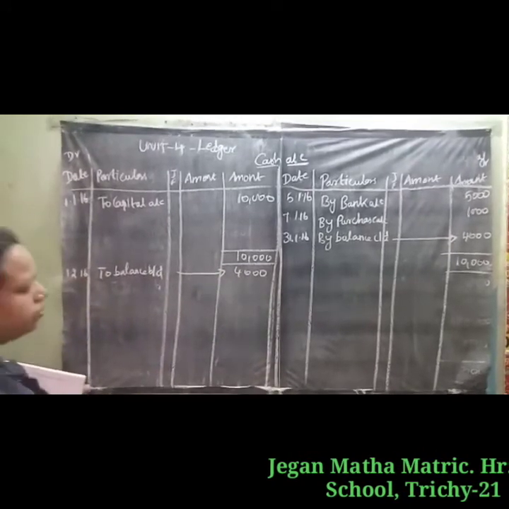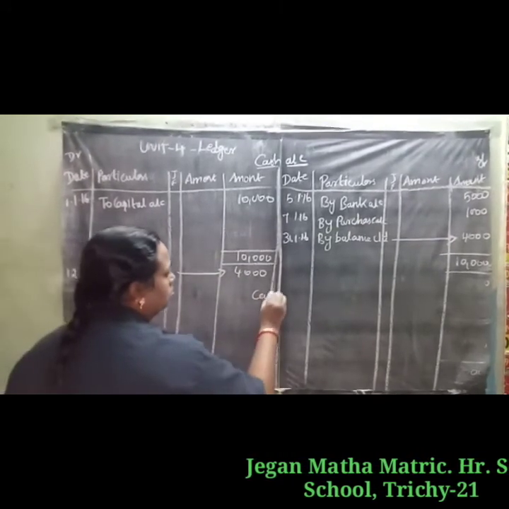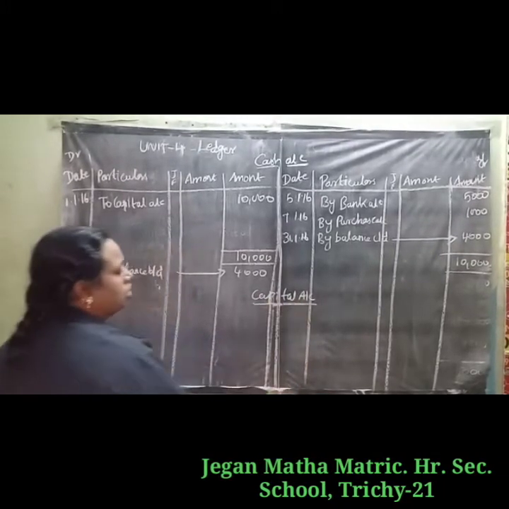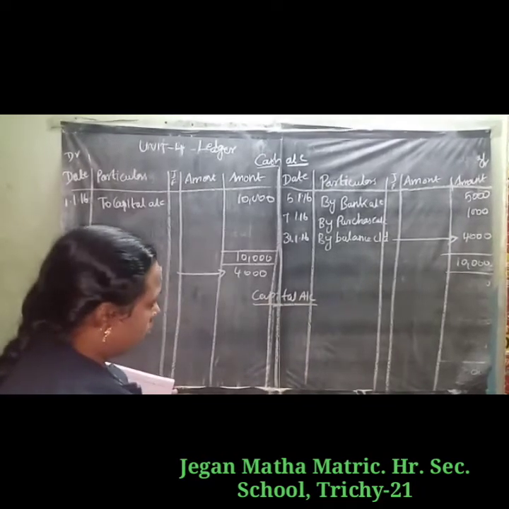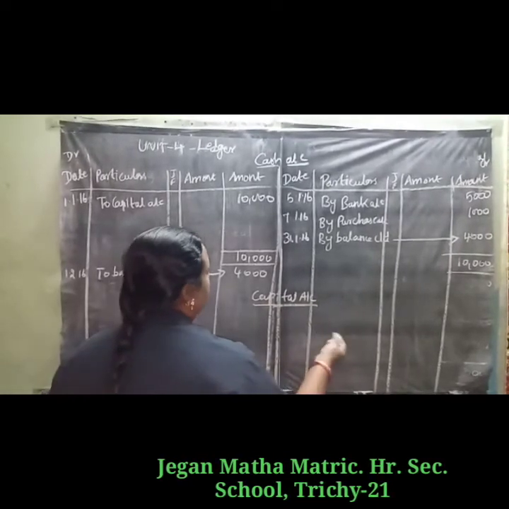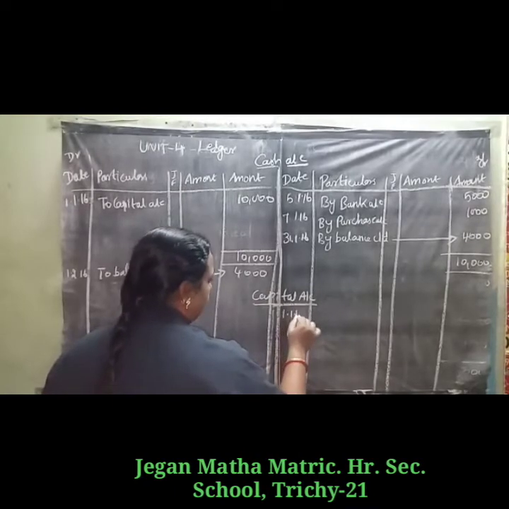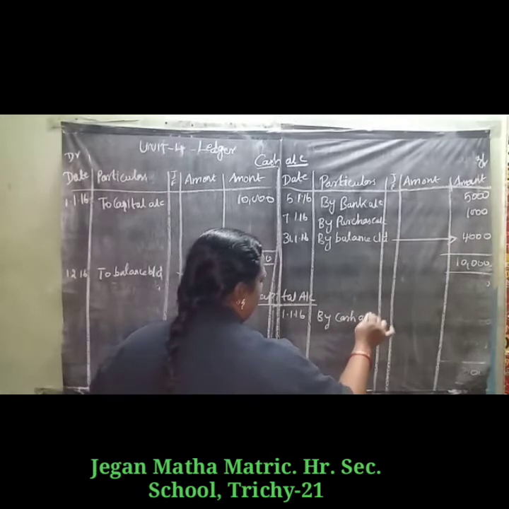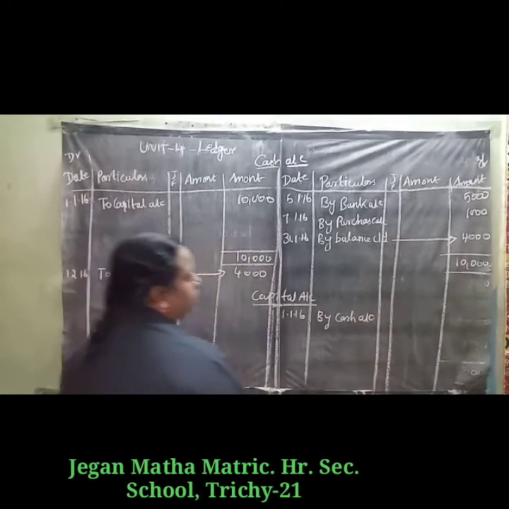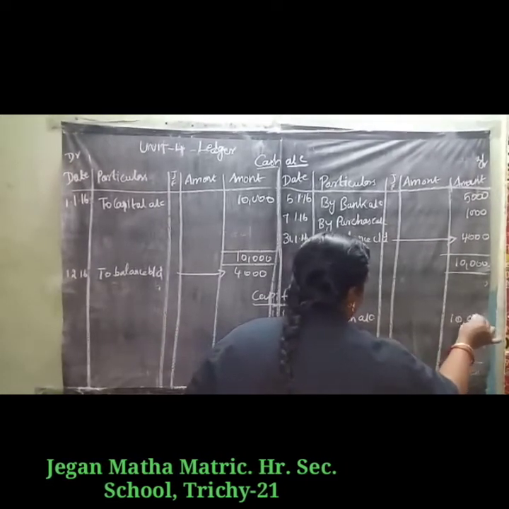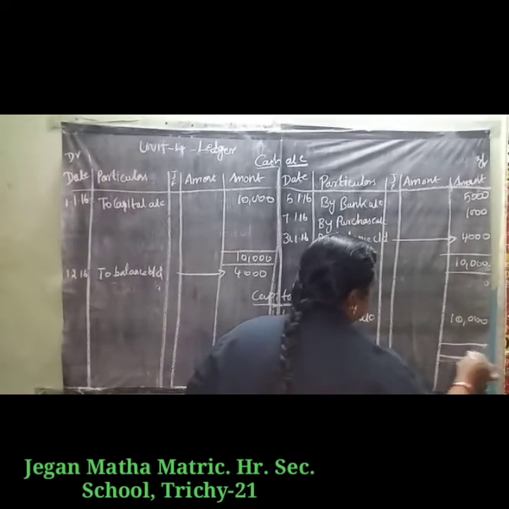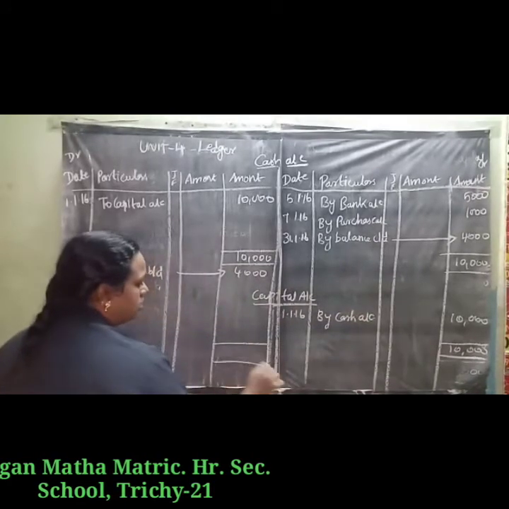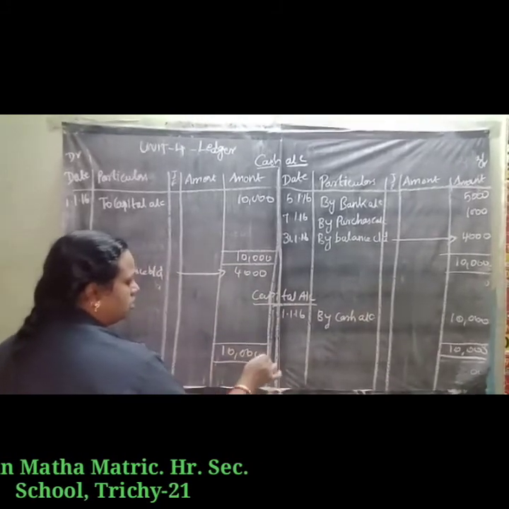Next account we are going to prepare is the capital account. The first entry: cash account debtor to capital. So capital account is on the credit side. We write on the credit side date 1/1/2016, by cash account, amount 10,000. There is no more in the capital account, so we total it as 10,000 and bring it to the debit side, 10,000.